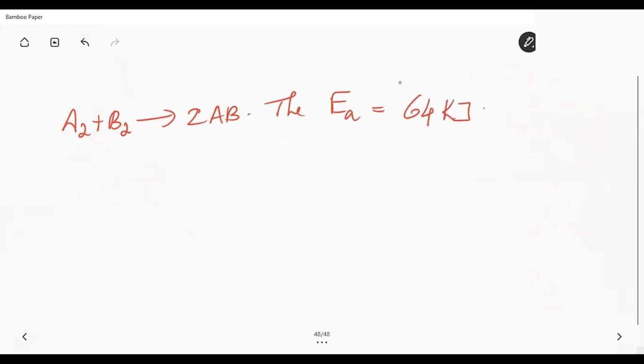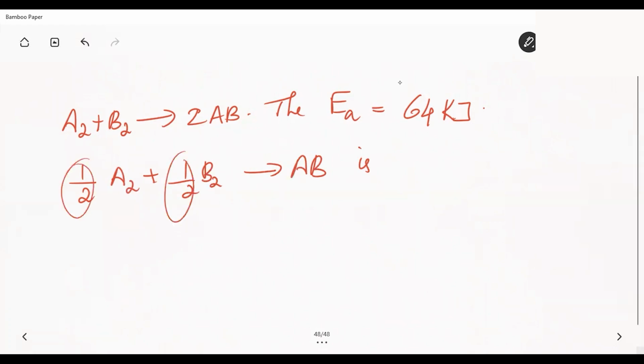And you are asked to find the activation energy of half A2 plus half B2 giving AB. No other information is given, just an equation and its activation energy. The same equation is divided throughout by 2, so you get another equation, and there is only a stoichiometry difference. So what is the new activation energy?